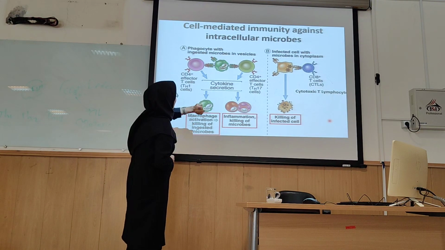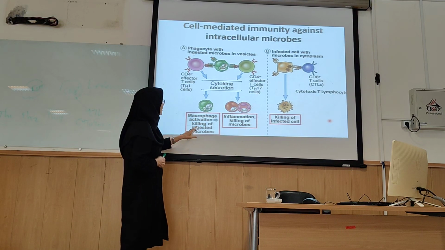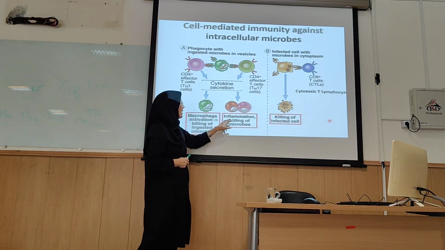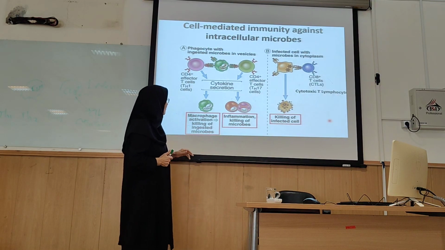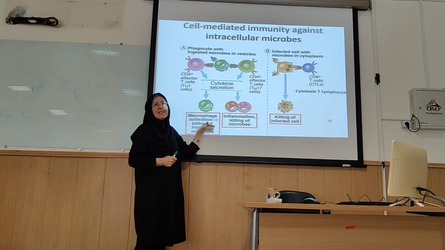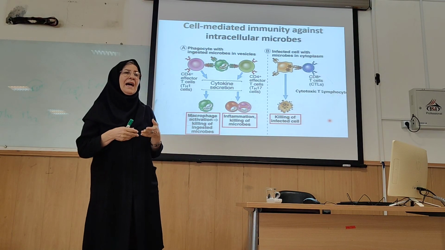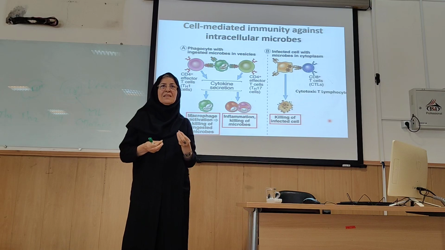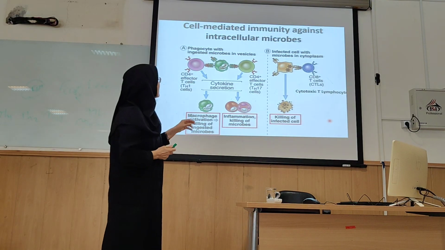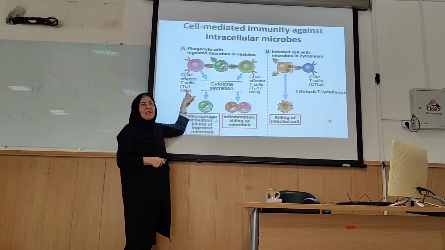They recognize the antigens and produce cytokines for macrophage activation, inducing inflammation and killing of microbes. This is cell-mediated immunity, the activation of T helper 1 and T helper 17 cells to produce cytokines. What is the cytokine produced by T helper 1 cell?